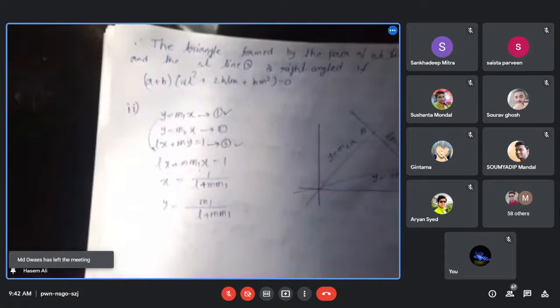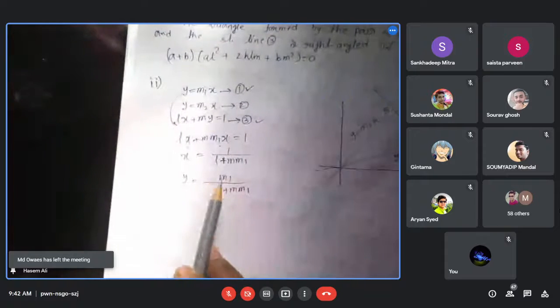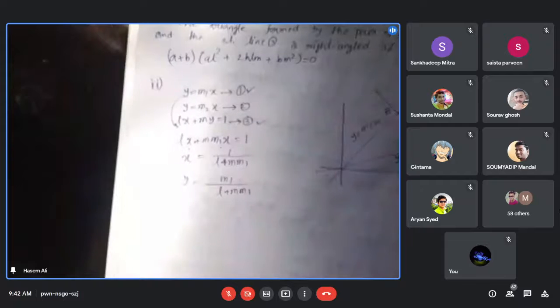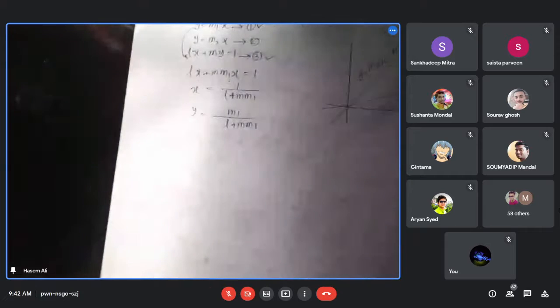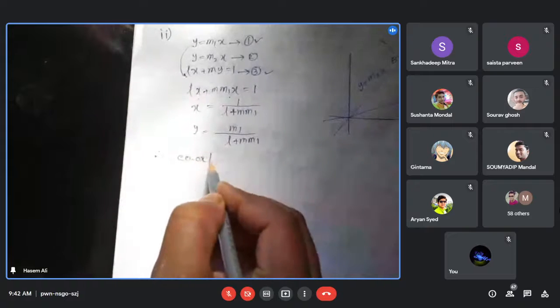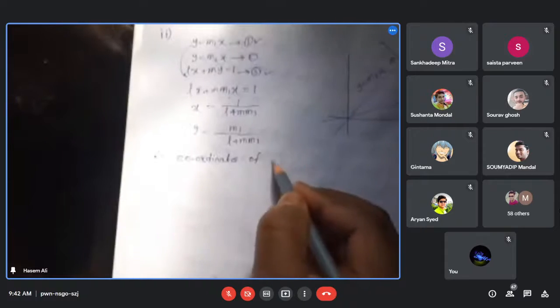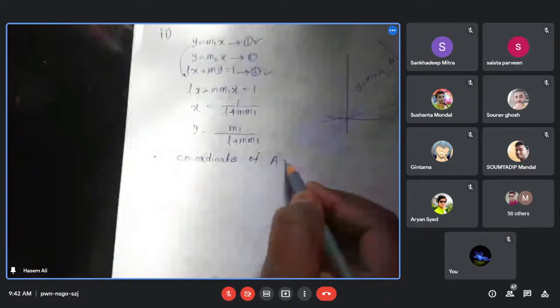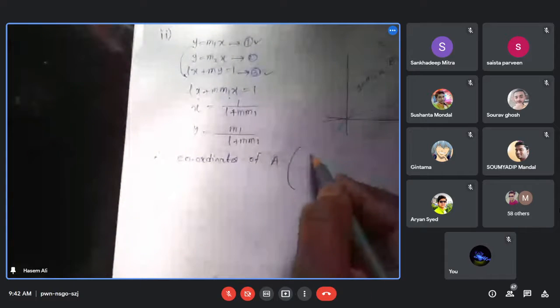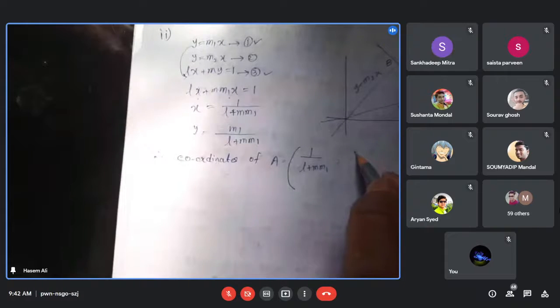Is it clear? Yes, sir. Then the coordinate of A is 1 by L plus M1, M1 by L plus M1.